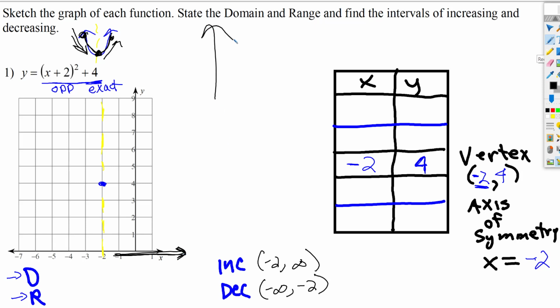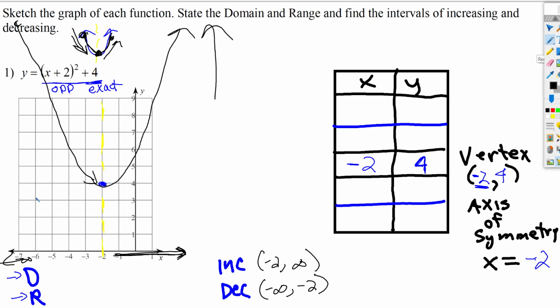And what we're talking about, if we keep putting in numbers greater than negative 2, it's going to keep getting higher right there, right? As you read left to right, that graph is going to be going down.